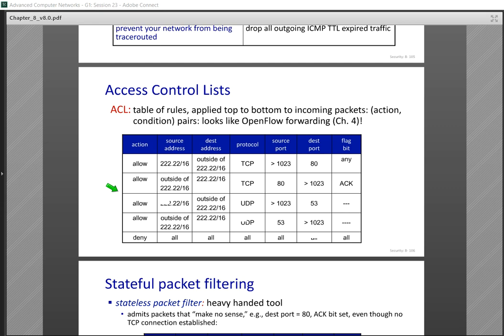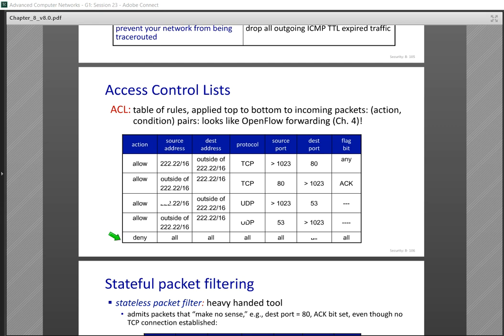Those traffics defined in those rows are allowed to pass the borders. And the last row shows that, okay, for the rest of traffics, look at this one, we have made decisions about 4 types of traffics.